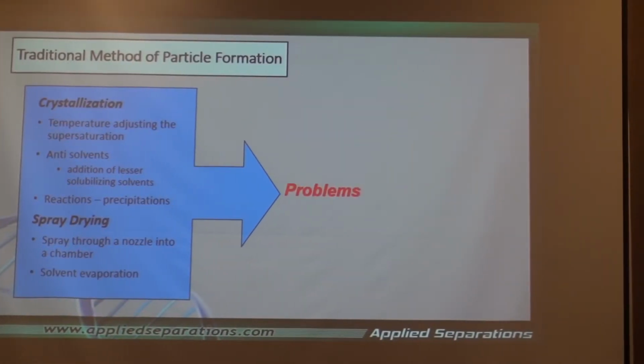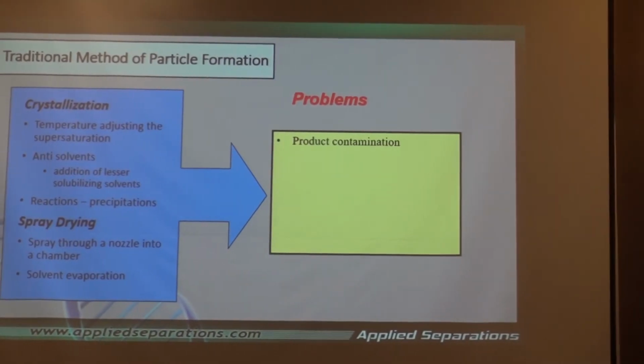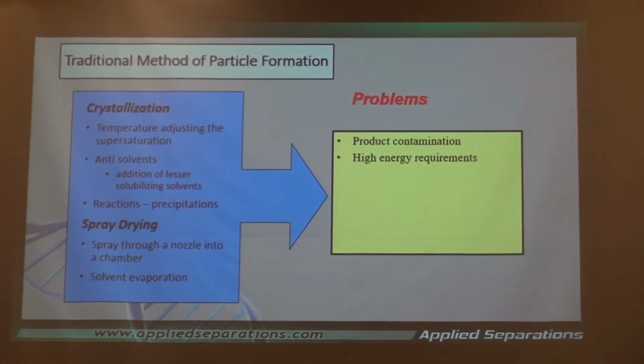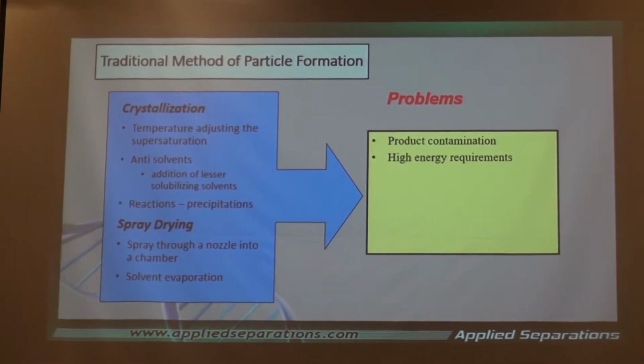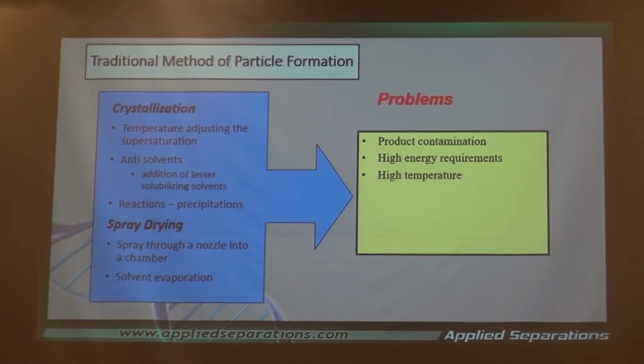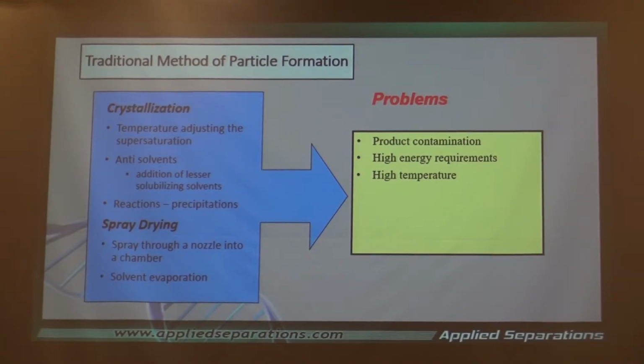These all have some problems associated with them. There are some other ways of making particles as well, because we wind up sometimes with product contamination. They require higher amounts of energy. That means higher temperature sometimes, and if you have thermally labile compounds, this could be a problem.